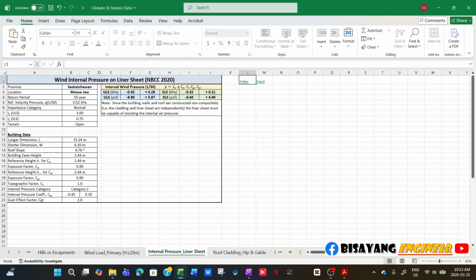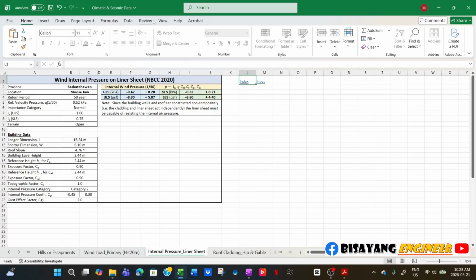It at least gives me an idea what exactly the CP is by separating the CG. Typically CG is 2.0, so I know what my CP is. If you multiply just the two, like 0.45 multiplied by 2, that gives us negative 0.9.